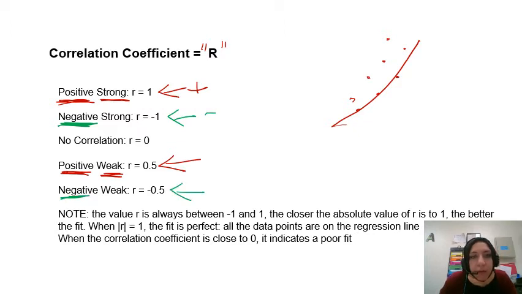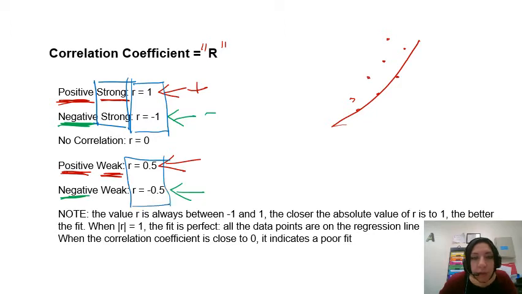Now, the main difference here is that if the relationship is strong, your correlation coefficient is going to be close to 1 or -1. So if it's positive strong, it's going to be a positive 1. If it's negative strong, it's going to be -1. Same applies for the weak. Your R is going to be close to 0.5.